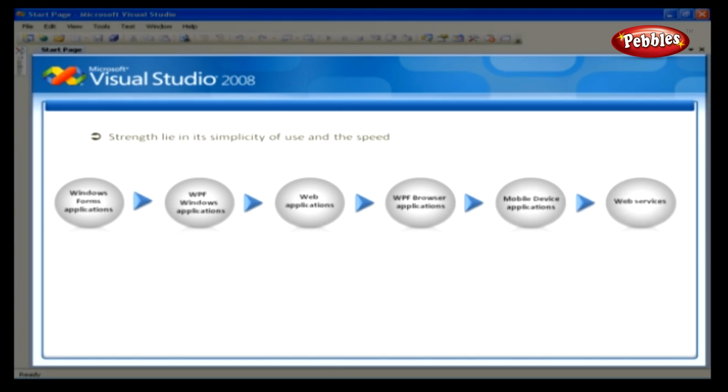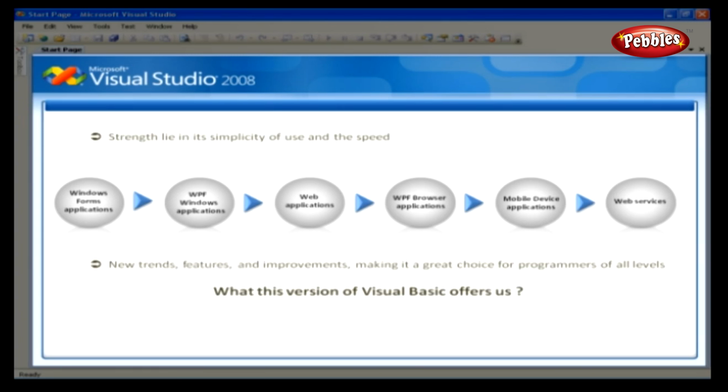Each new release of the Visual Basic.NET programming language brings about many new features and improvements, making it a great choice for programmers of all levels. So then, let's explore what this version of Visual Basic offers us.